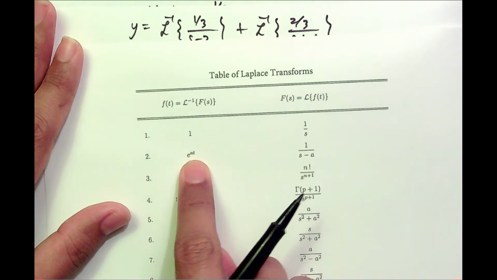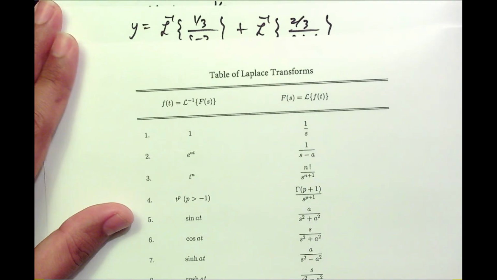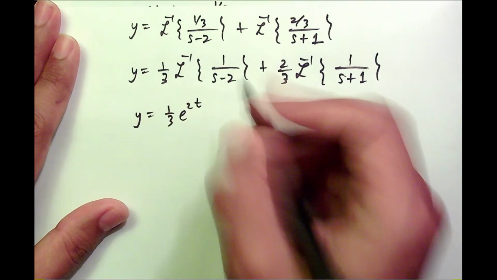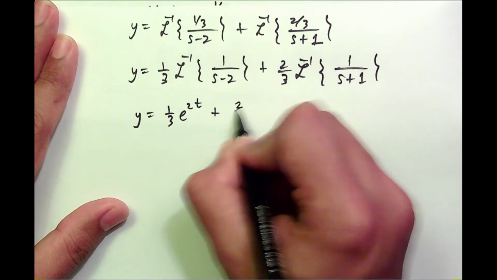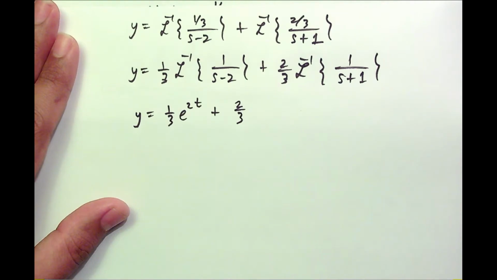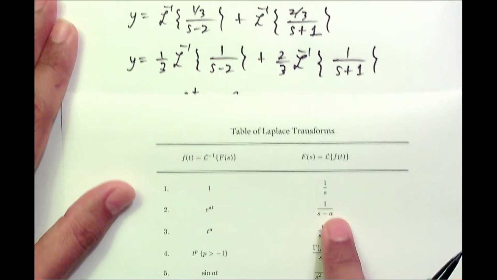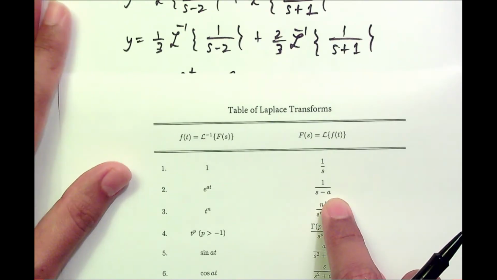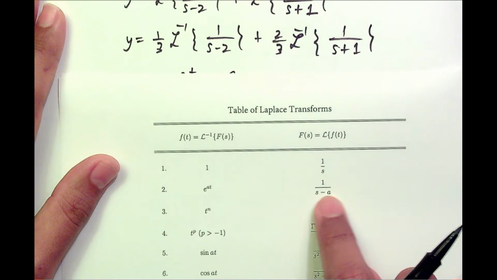And I want you to write somewhere which formula we're using. I'm using formula 2, row number 2. And then the 2/3, the Laplace inverse of 1 over s plus 1 is actually the same formula where the a is now -1. If a equals -1, that becomes s plus 1.